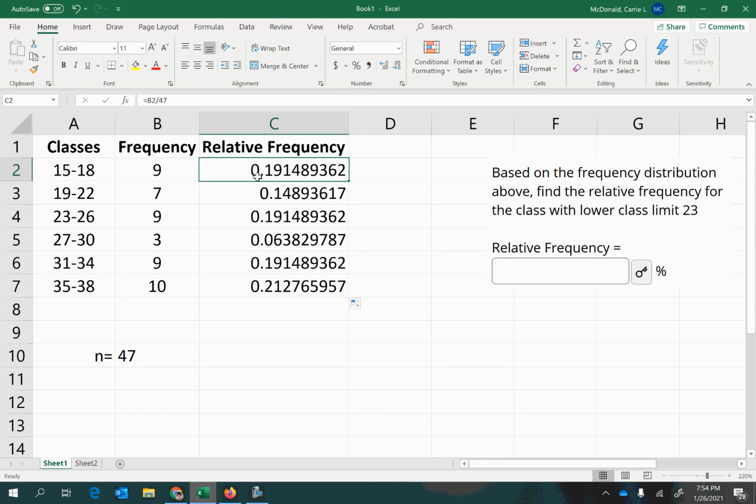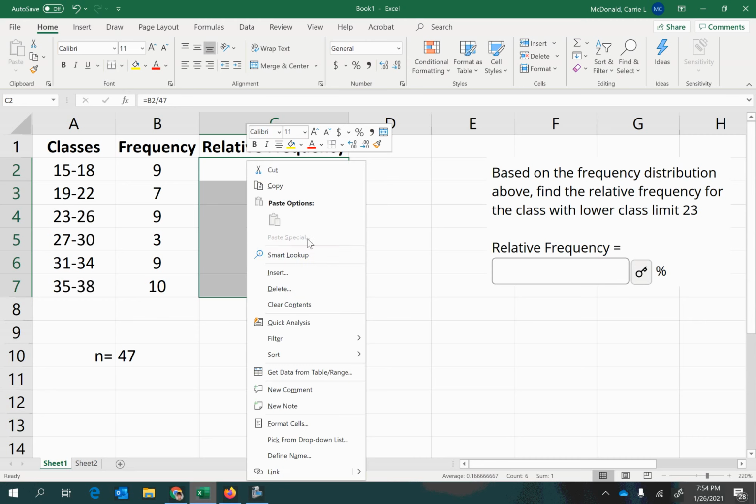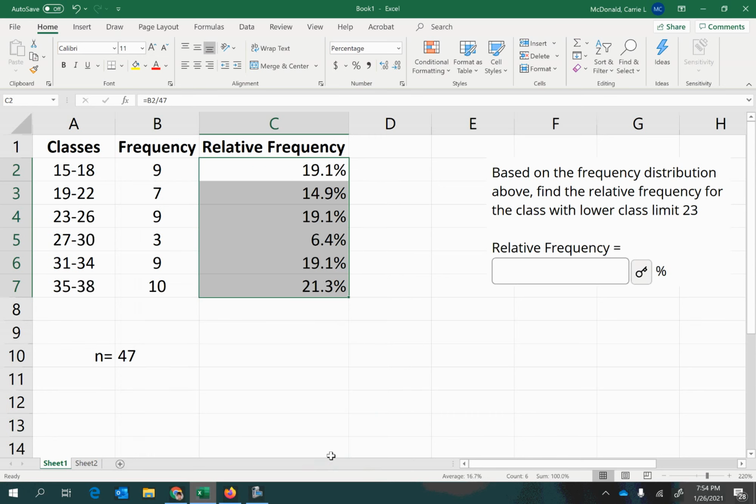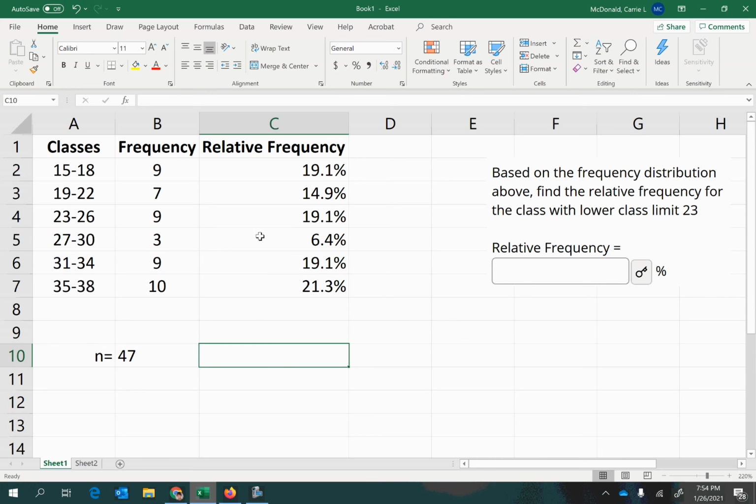And you can change these to percentage since they want the answer to be given as a percent instead of decimal form. We can right click and choose format cells and then choose percentage. And I think the directions said to 1 decimal place, so I'm just going to go ahead and make it 1 decimal place so that's easier when I give my answer.